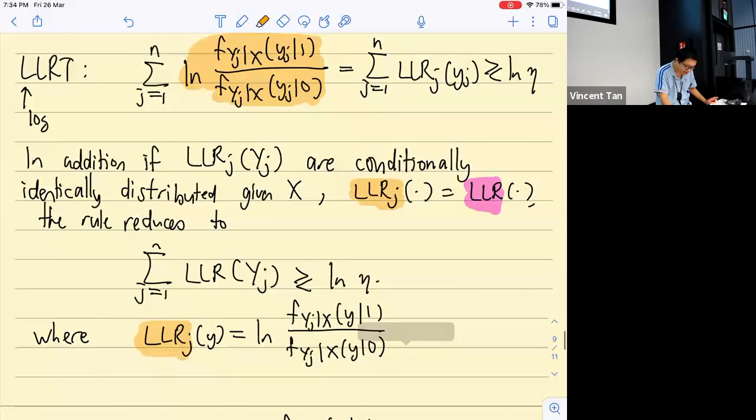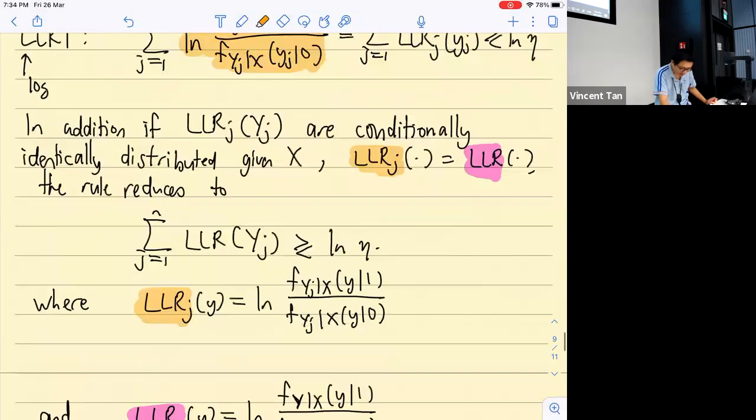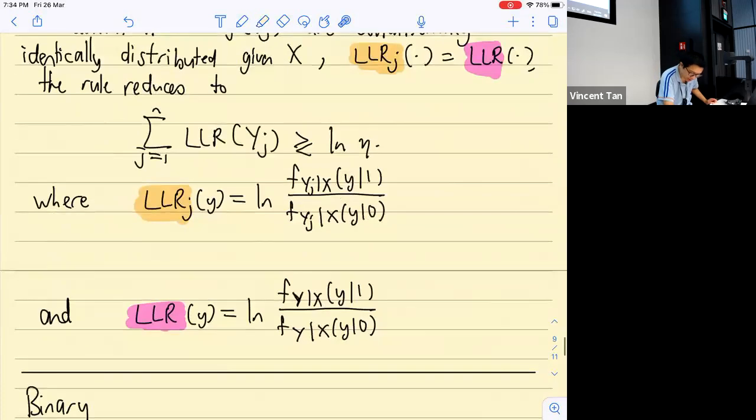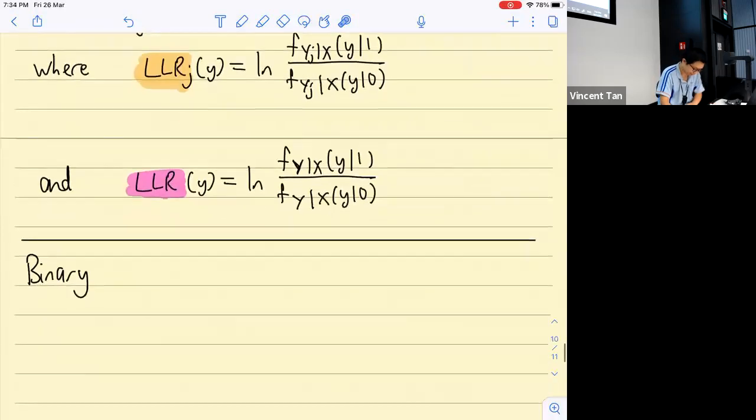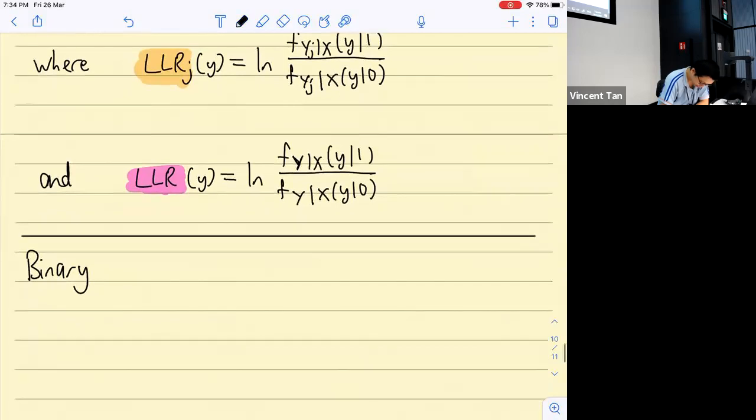If they are identically distributed, then all the yj's have the same distribution, in which case we reduce to this quantity that does not depend on j. The observations, of course, will depend on time j, but the log likelihood function does not depend on j, in the case of IID. Okay, so now let us continue.